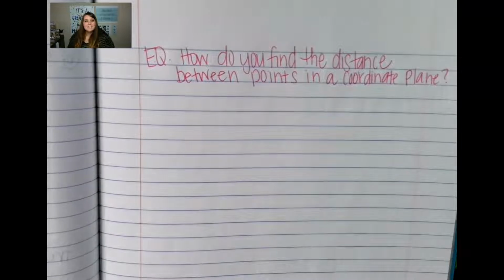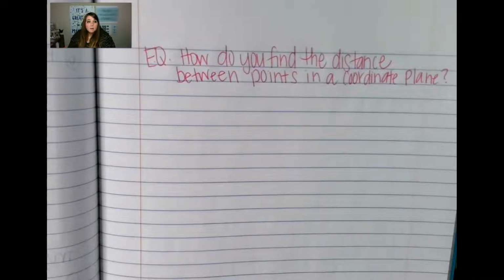So today we're going to take this one step further, and we're going to be looking at points and finding distances. So thinking about things like if I'm reading a map and I see a post office and a grocery store, how far apart would they be?